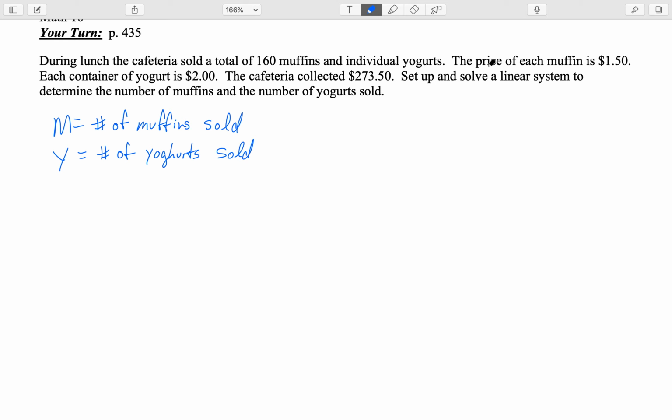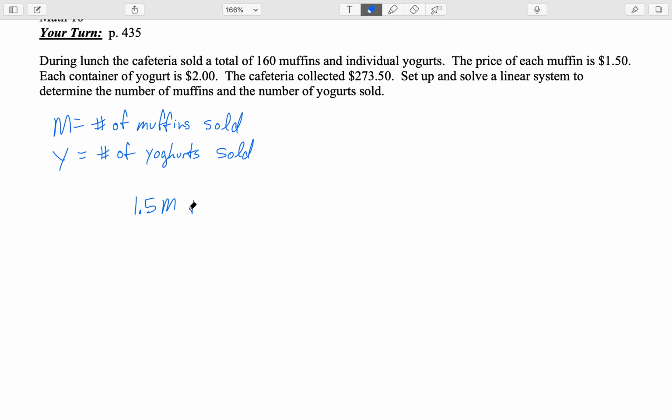Now, it says the price is $1.50 and yogurt's $2. Isn't that the answer? No. What are we looking for? We're looking for the number. We're not looking for the price. Okay. It says a linear system. I know that they made $273. So if we're talking about money, muffins were $1.50. So 1.5 times the number of muffins, and it's a total, right? 273 in total.